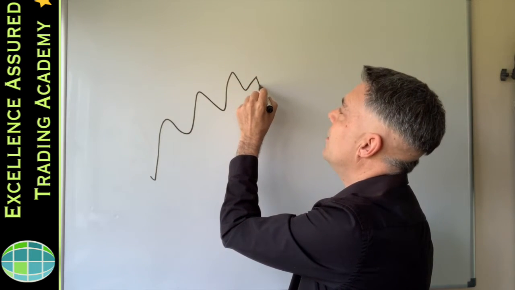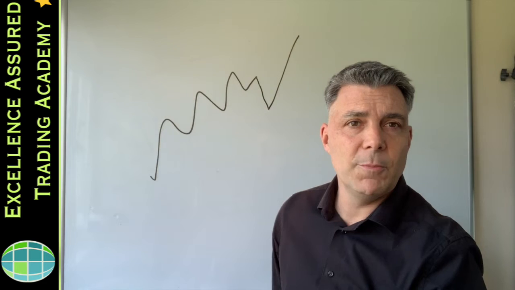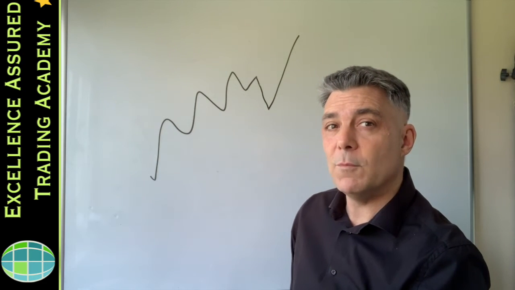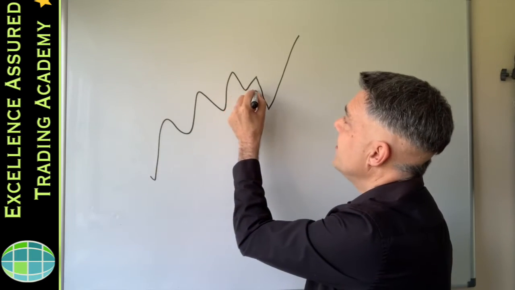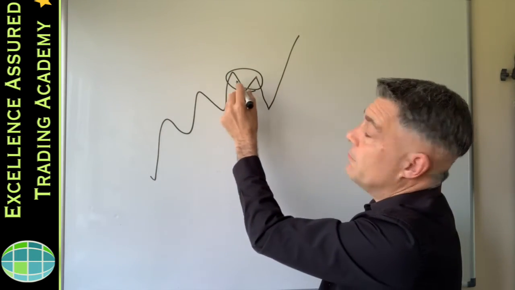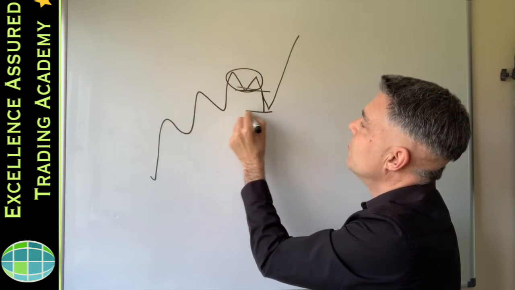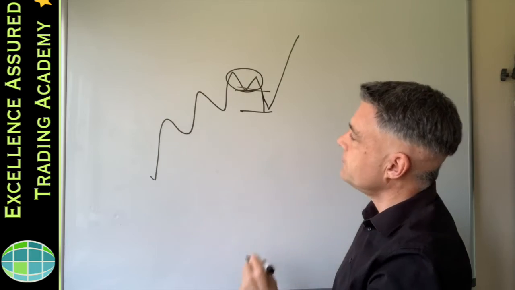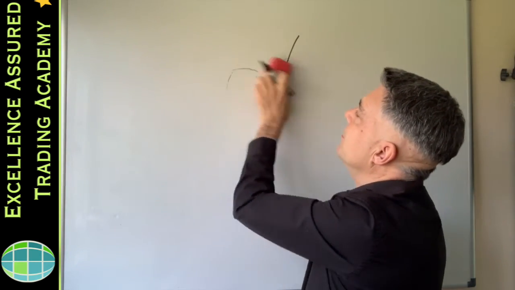You get a double top and it comes down to here, and then it carries on going up again. And that's more often what you find. So you're looking for the trade to take place because of that type of price action, and you get a reward of this.